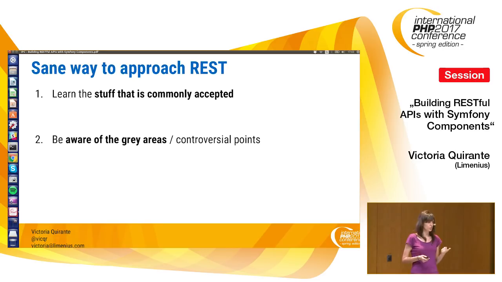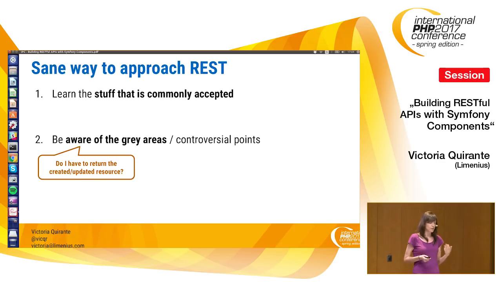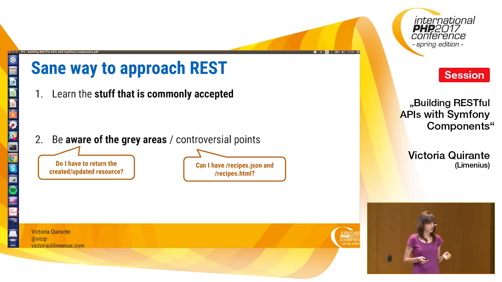Second, you should be aware that there are a few controversial areas. I mean, things that you can read a lot about, but you will find experts fighting with each other, saying opposite things. And it's quite difficult to decide which one is best. For example, things like, do I have to return the created or updated resource? Can I have different URIs for different representations?